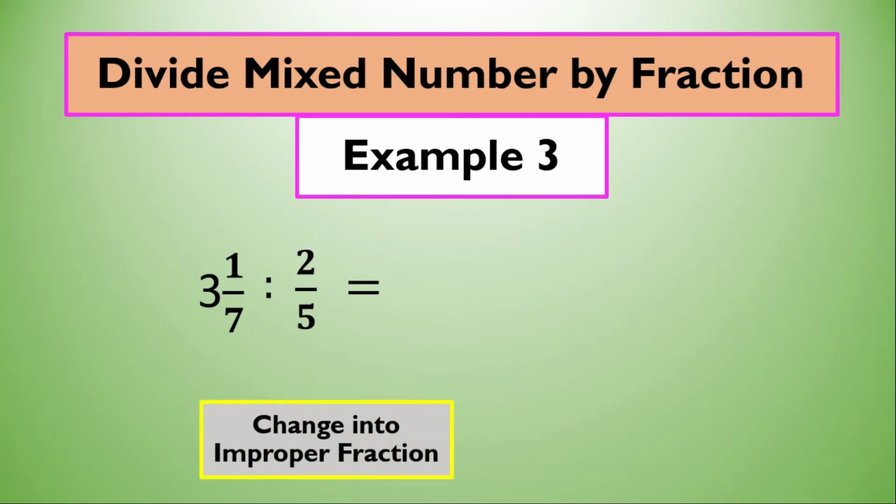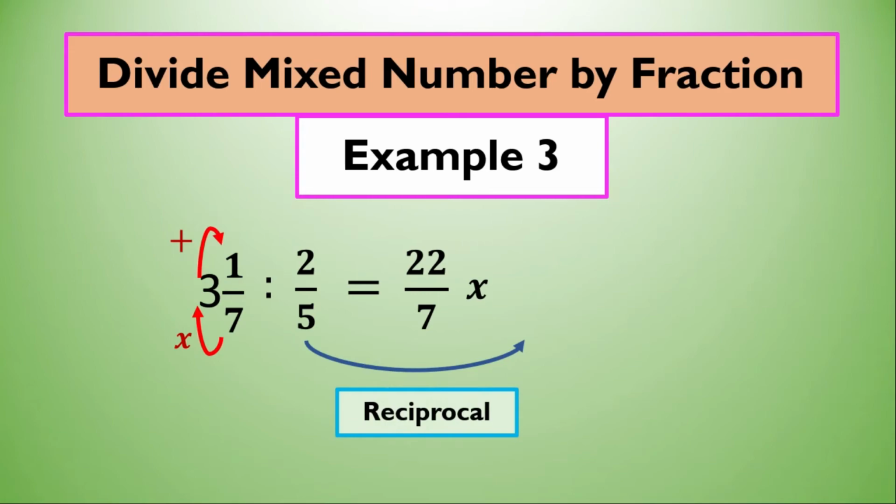The first fraction, a mixed number, change into an improper fraction. 7 times 3 plus 1, we got 22 over 7. Remember, the second fraction, get the reciprocal, which is 5 over 2.